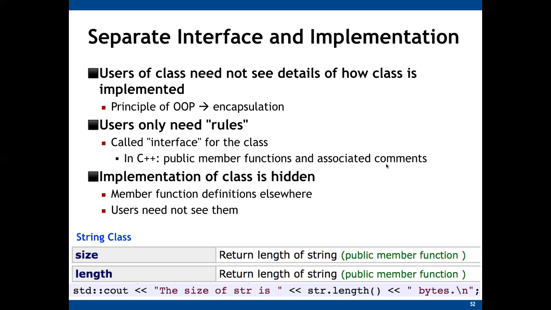And the implementation, which consists of private members and the definitions of public and private member functions, should be hidden from programmers. So the detailed implementation should be hidden from the programmers who use your class, and you should only open the interface to them.